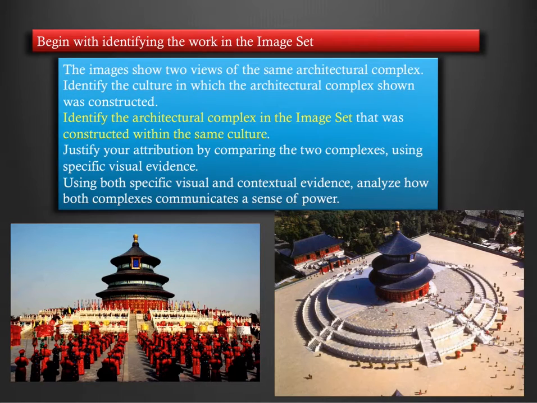The round structure indicates heaven, and the squares are indicative of the emperor's power and the dictates and mandates of the law. There's also a symbolism with the number 3. You can see there's 3 tiers to this building.